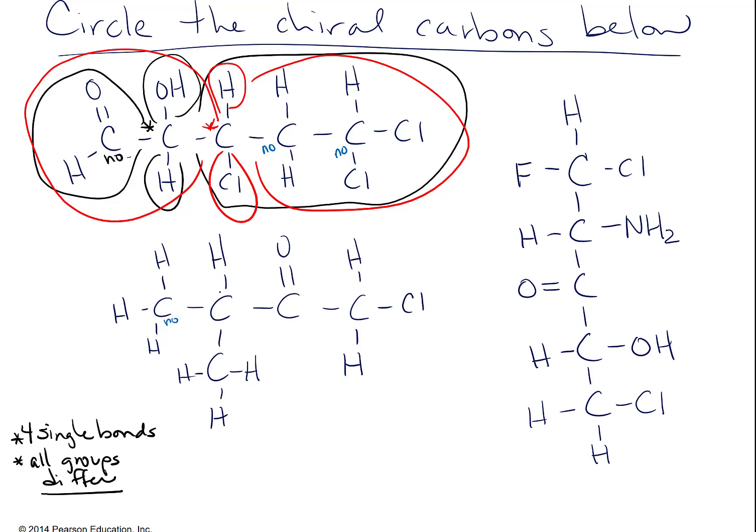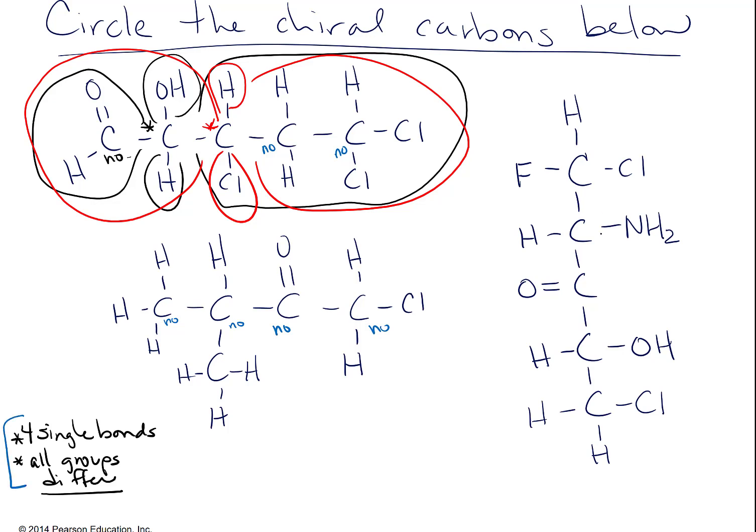The second one I come to has a hydrogen above, a CH3 below, and a CH3 to the left, so no. These are the same hanging groups. This carbon, no, because it has a double bond. This carbon, no, because it has 2 hydrogens. So there are actually no chiral carbons, even though that's a relatively complicated looking little molecule. It doesn't have any chiral carbons because it doesn't meet those criteria.